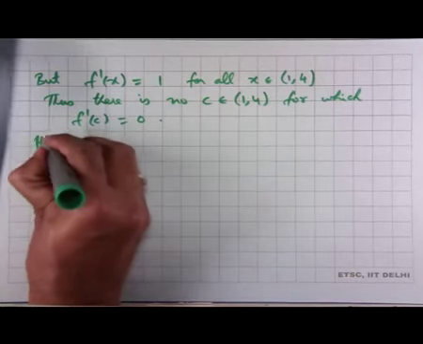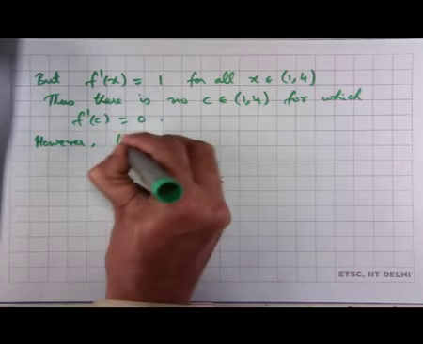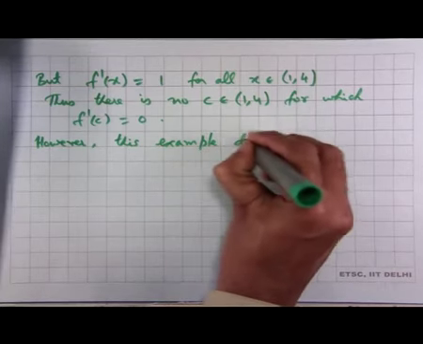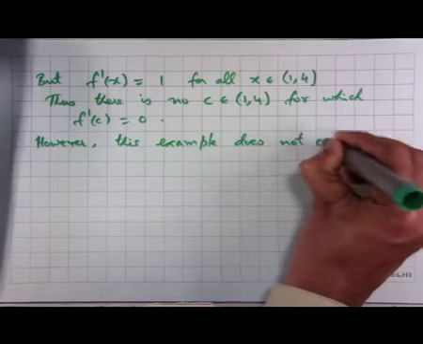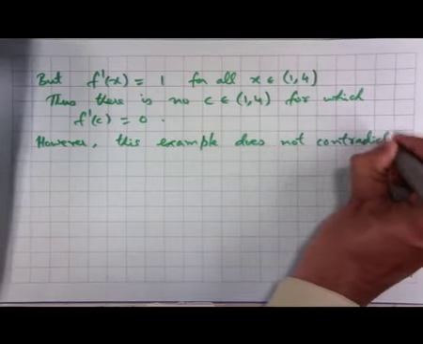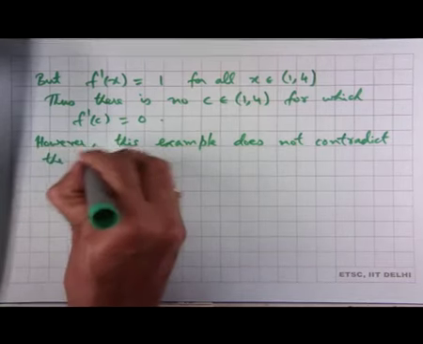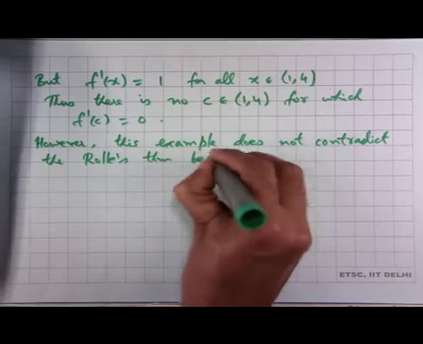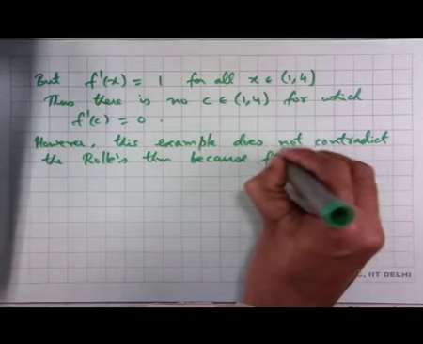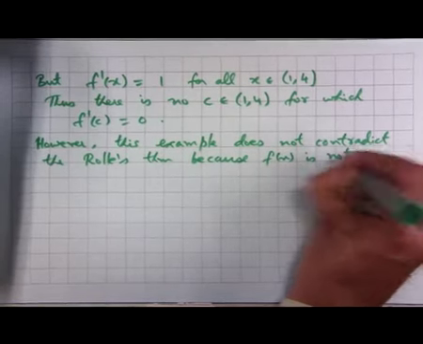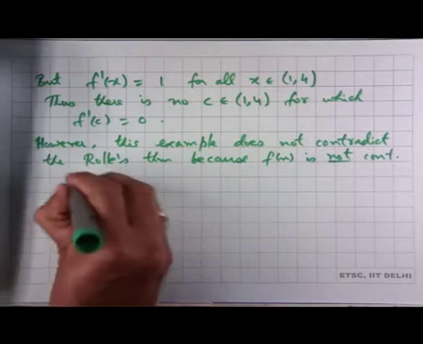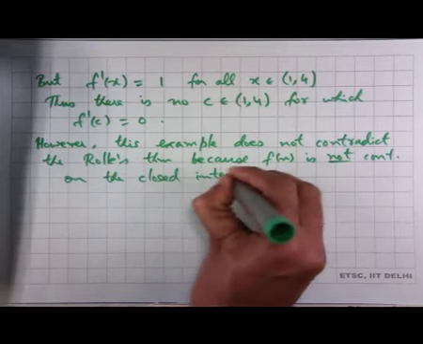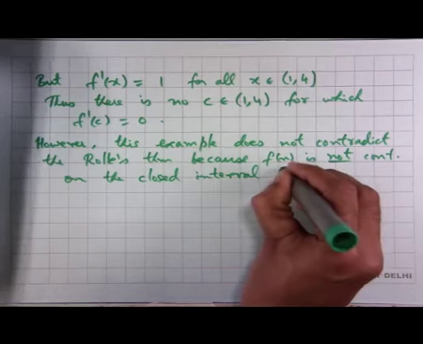However, this example does not contradict Rolle's theorem because f x is not continuous on the closed interval 1 to 4.